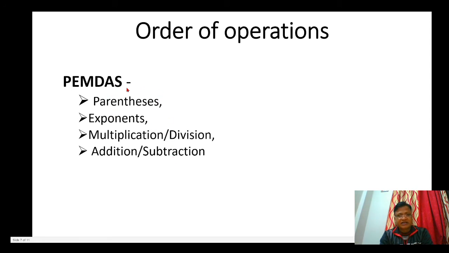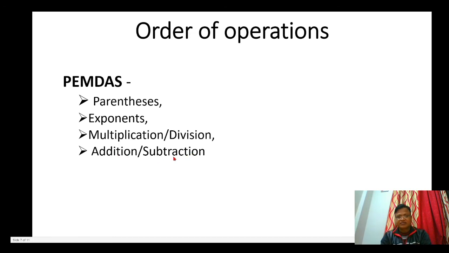So whenever any expression comes, firstly we will solve the bracket part, that is the parenthesis. After that we will solve the exponent, meaning a raised to the power b, and then multiplication, division, and lastly we will solve the addition and subtraction parts.